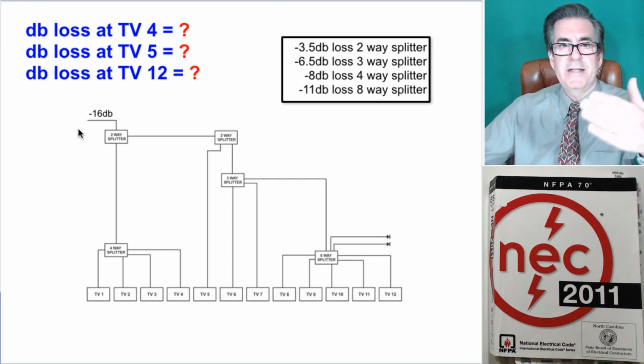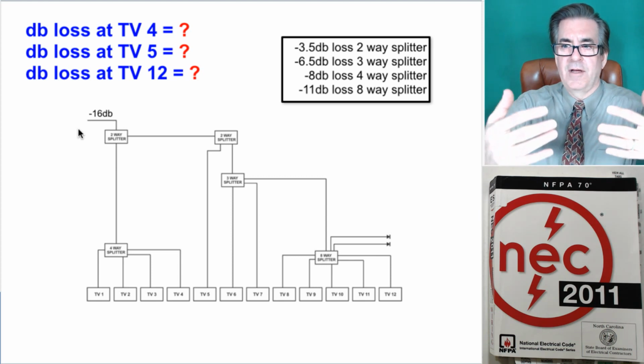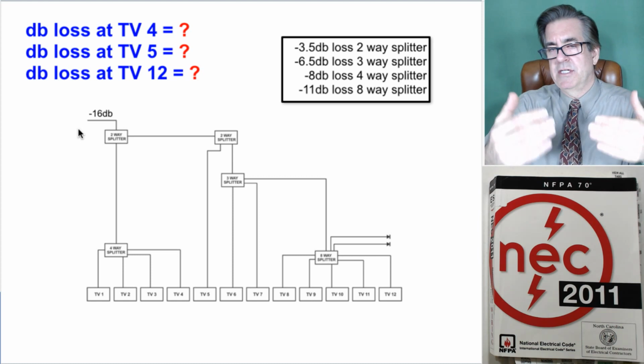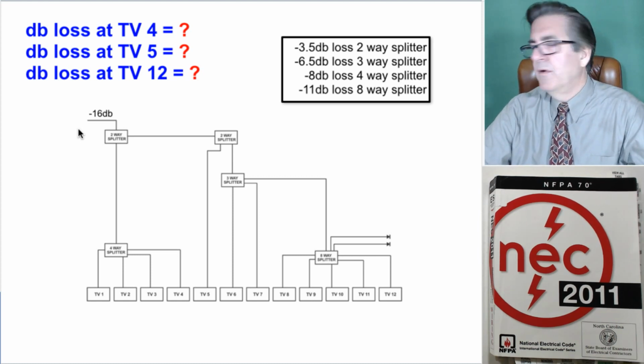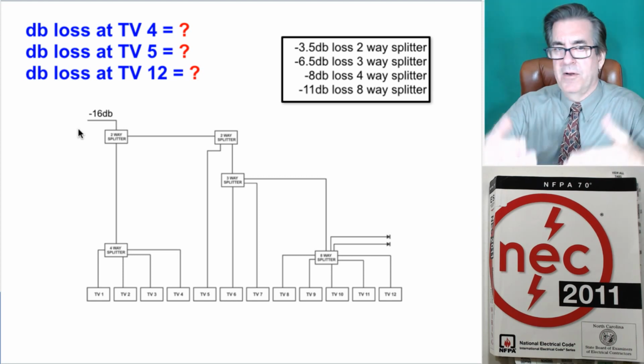Because when you split down the signal, you're making it less signal strength. Not really voltage, it's signal strength. You can consider it like sound level if you want, though not exactly sound level, but it's signal strength.